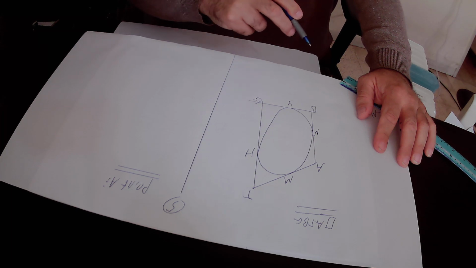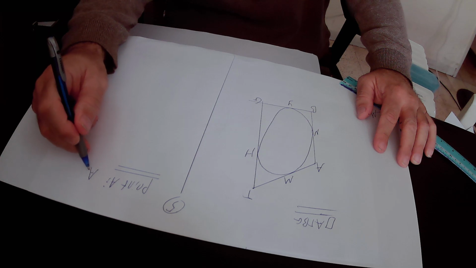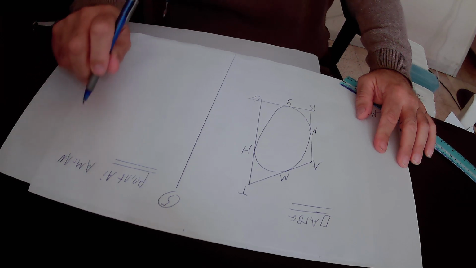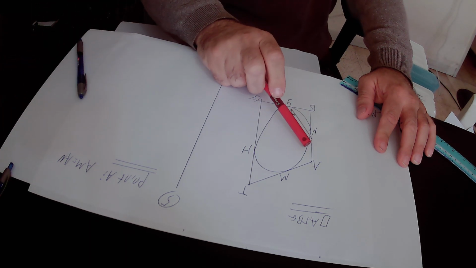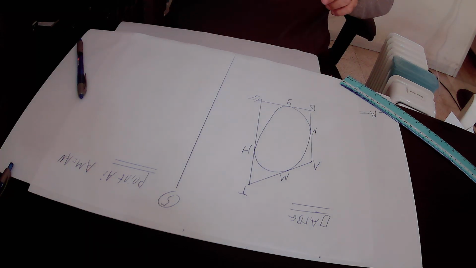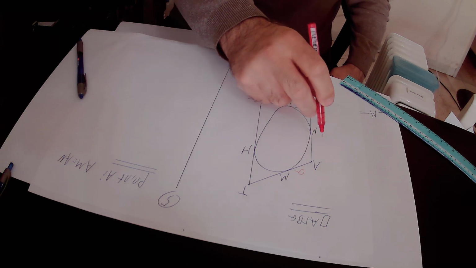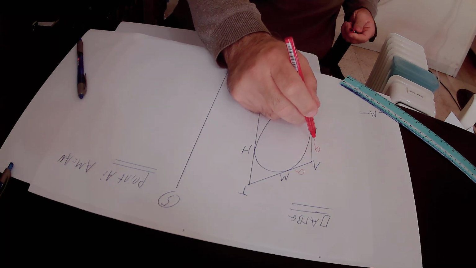And according to rule number 2, they are equal to each other. That is to say, AM equals AN. So actually, if we define the length of tangent AM as A, then AN must also be equal to A because they are equal to each other.